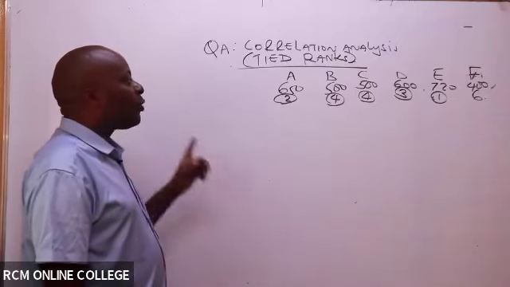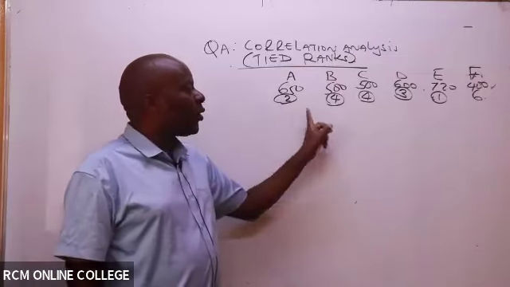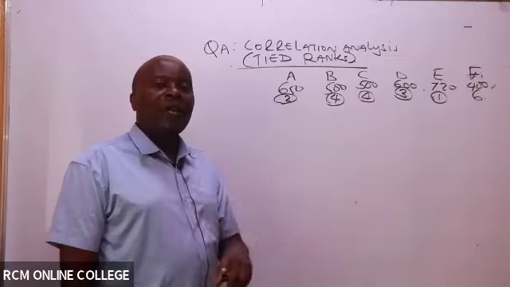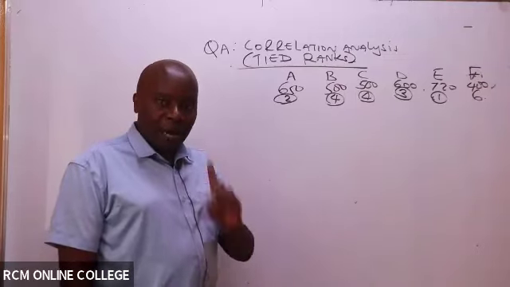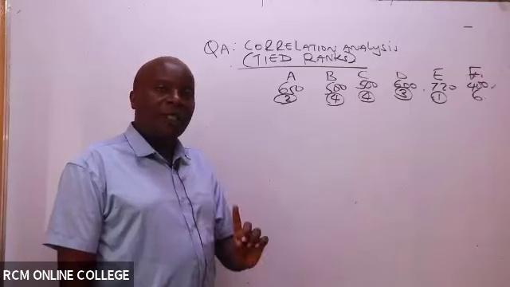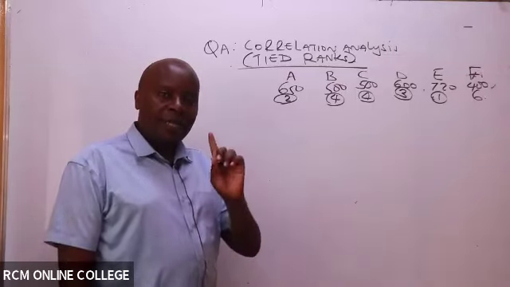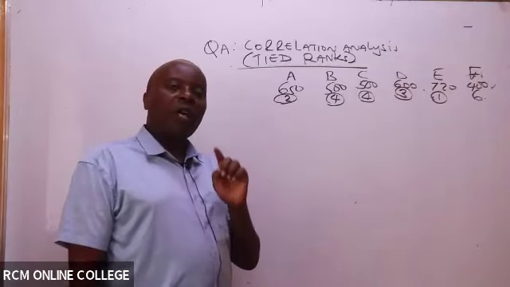Now, in terms of correlation analysis, once you get this kind of tied ranks, step number 1, you must give what we call the corrected ranks. Whenever elements in our distribution tie in some ranks, we must provide corrected ranks.